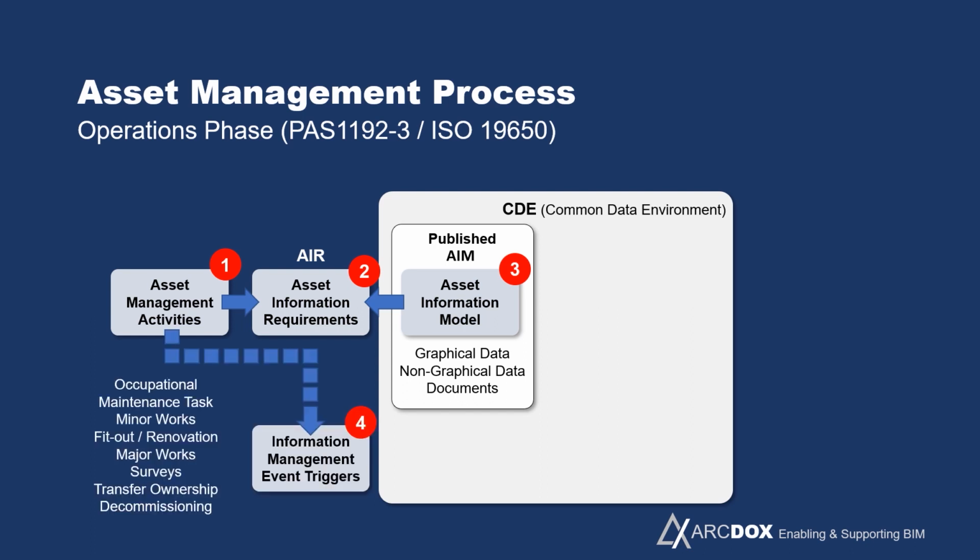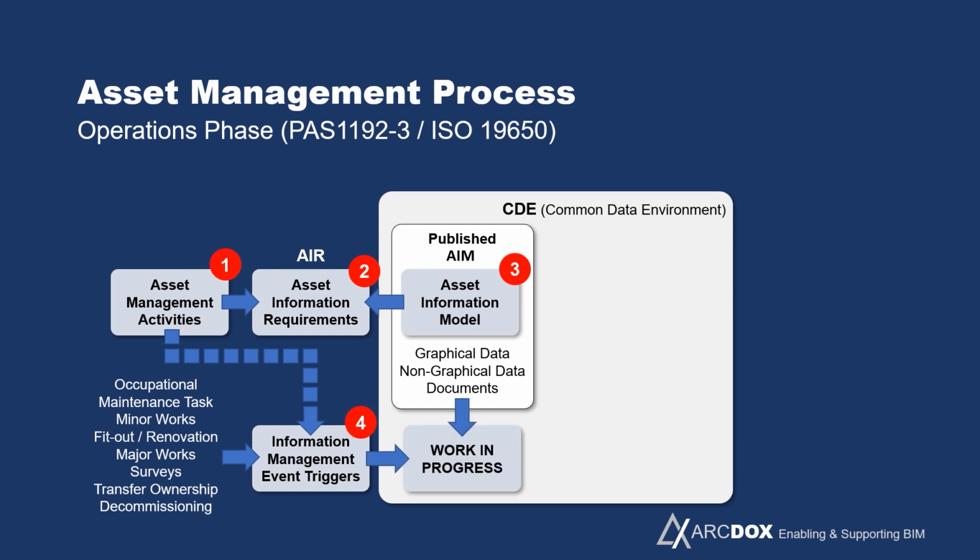Okay. It also sets out certain activities which potentially will change the information, and it sets a trigger against those. So these activities listed here, such as changes in occupation, maintenance tasks, minor works, fit outs, major works, these types of activities will potentially result in a change in the physical building, and therefore will require a change in the information model.